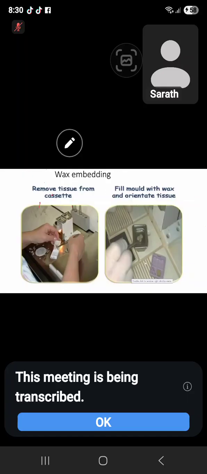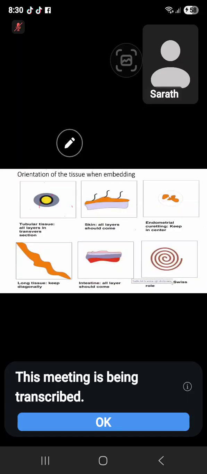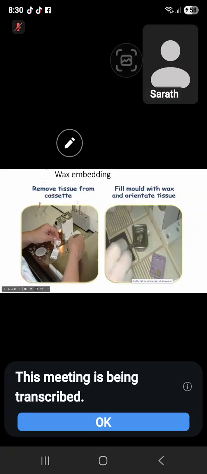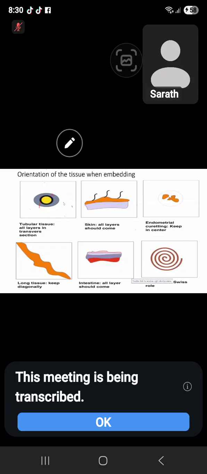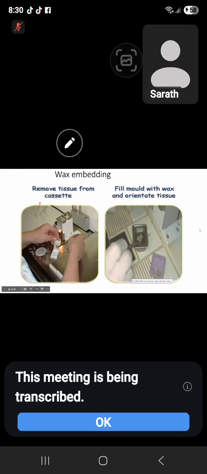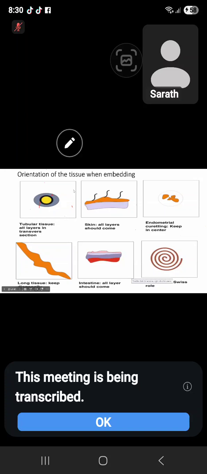And the other one, like that, tubular-like thing, just like a Swiss roll, right?